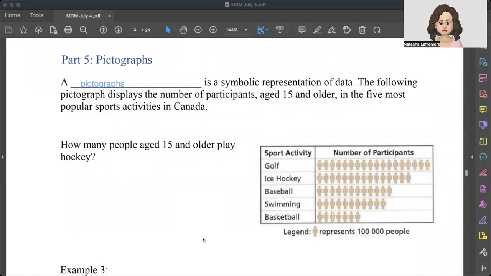How many people aged 15 and older play hockey? You would look here, ice hockey. Each person represents 100,000. So 100,000, 200,000, and you would count, and it would give you a total of 1,500,000.